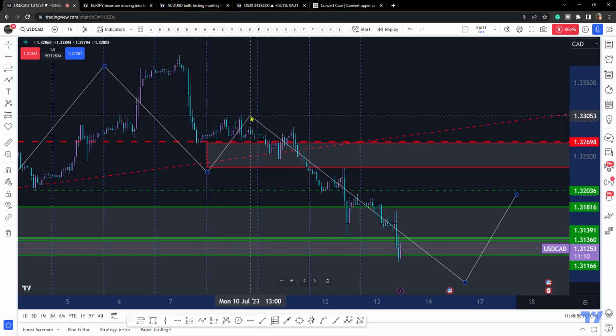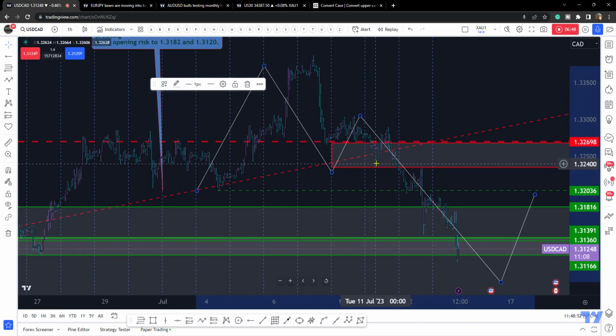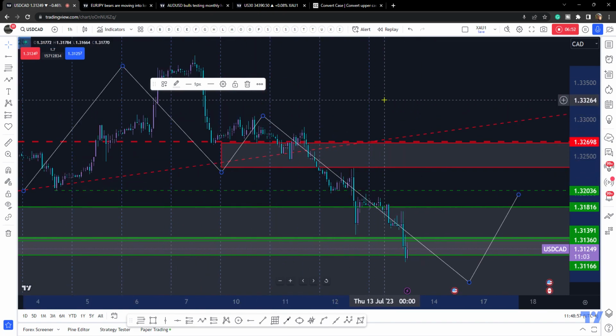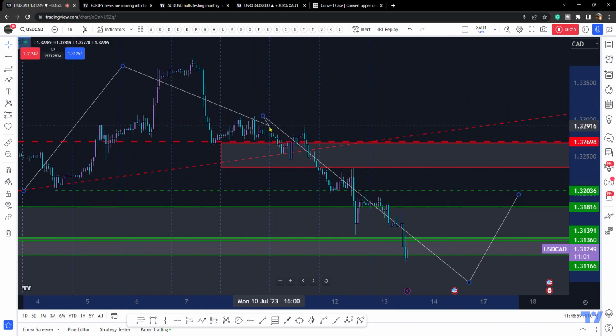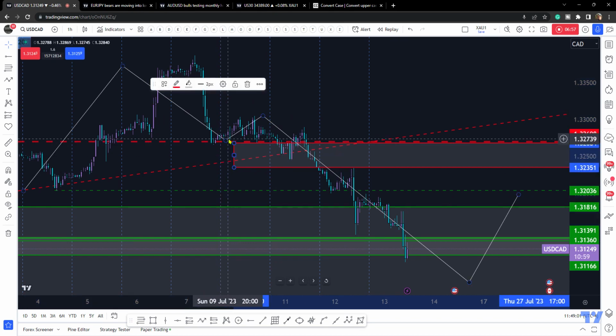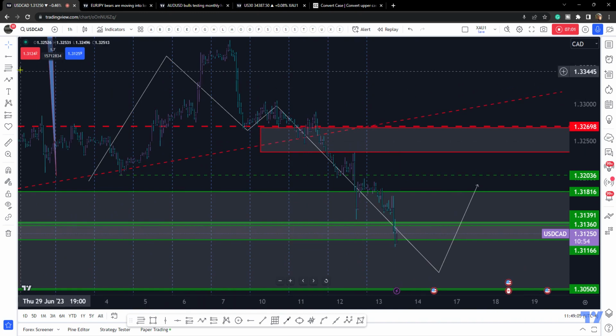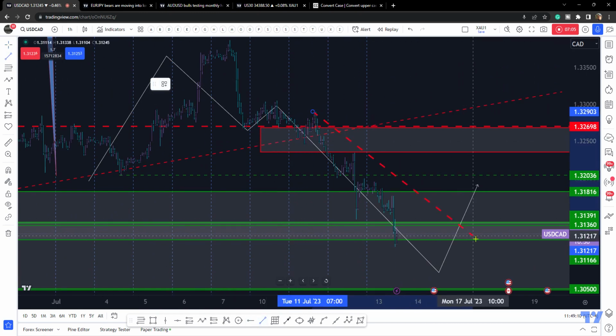So essentially what we're looking for is a move up into the neckline of that M formation, that harmonic pattern. Where is that neckline? Up there. Okay. So what we can do is we plot a trend line resistance along here.